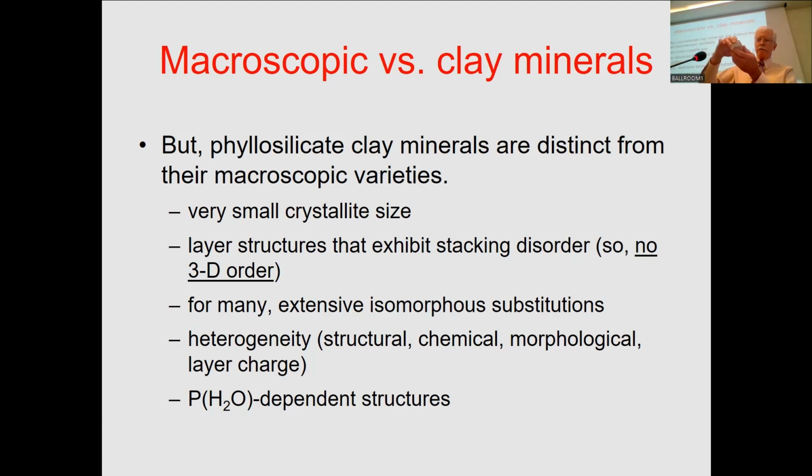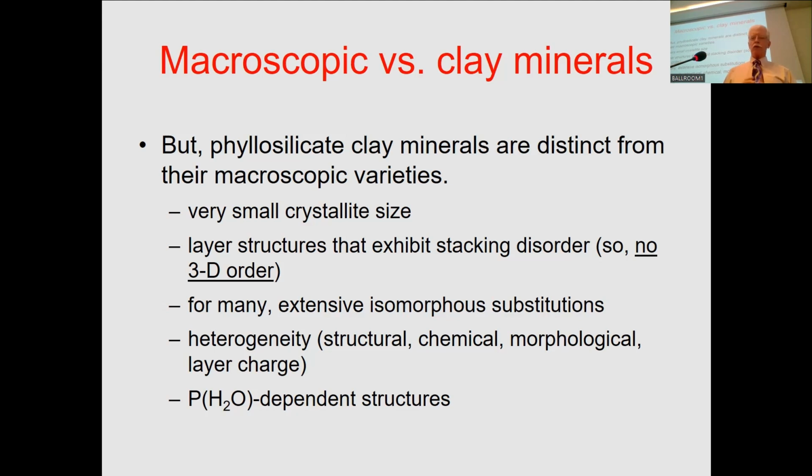So rather than the deck of cards being perfectly aligned, the rule is that they are disordered, or thrown on the floor. For many of them, they exhibit extensive isomorphous substitutions, meaning chemical substitutions that cause changes in the structure. Kaolinite and dickite are not examples of that.